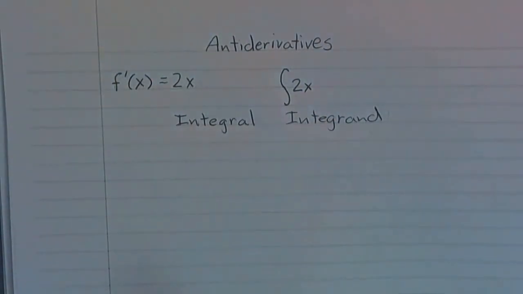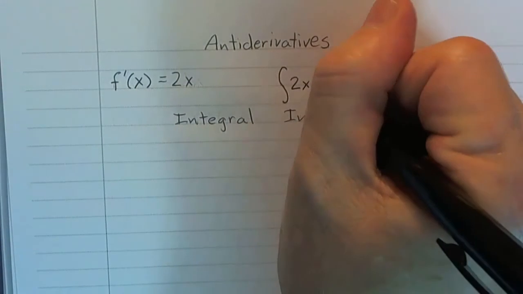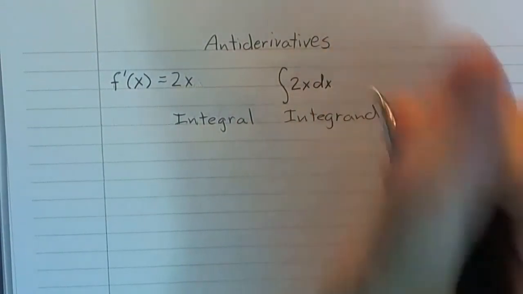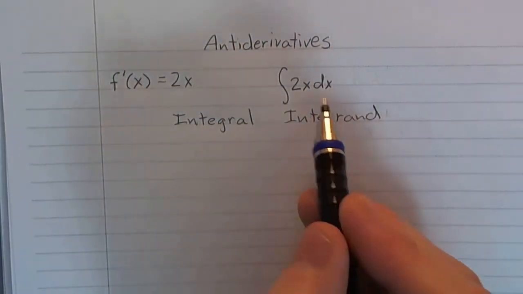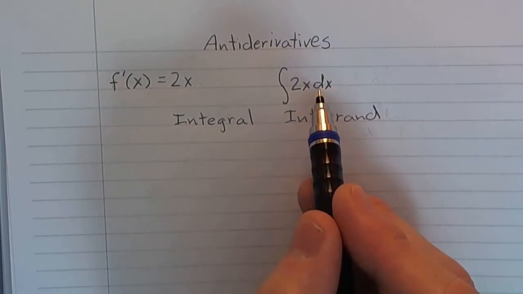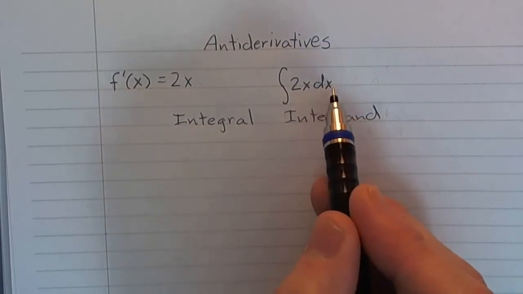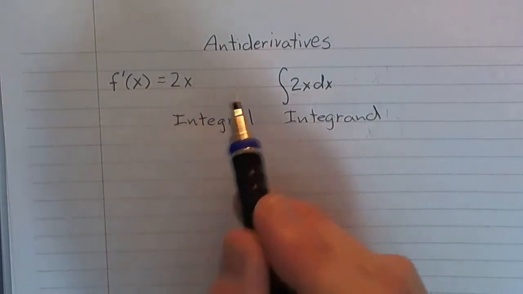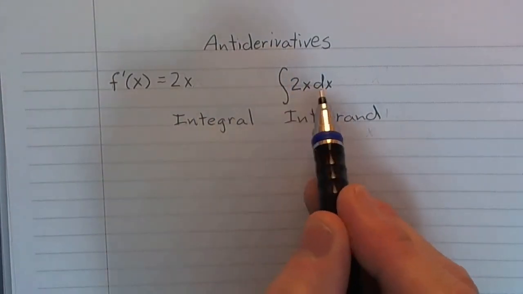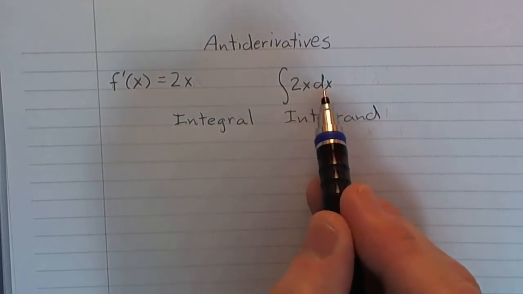And then we put a little notation on the end, the dx. This dx simply tells us what is our independent variable. In other words, we differentiate with respect to what to get this. So in this case, this is telling us that x is the independent variable.